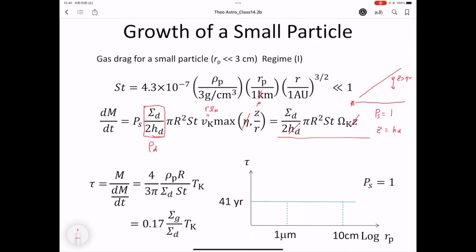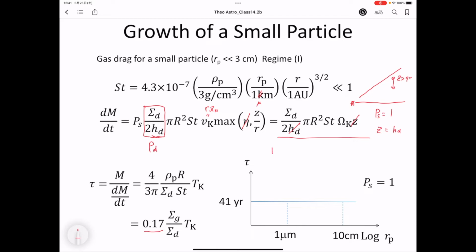We could estimate the growth timescale tau, which is m over dm over dt, becomes 4 over 3 pi times rho sub b times r over sigma sub d St t sub k. Then we can substitute St. Then it becomes 0.17 times sigma sub g over sigma sub d times t sub k.